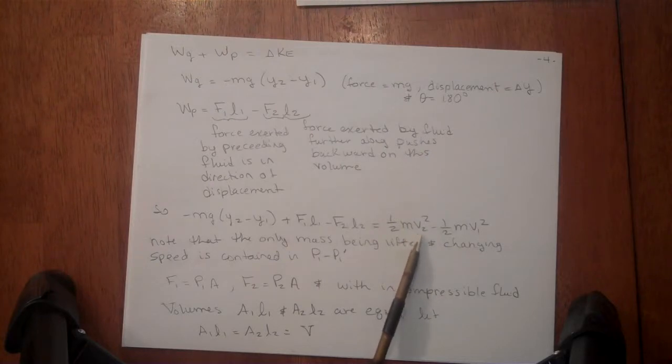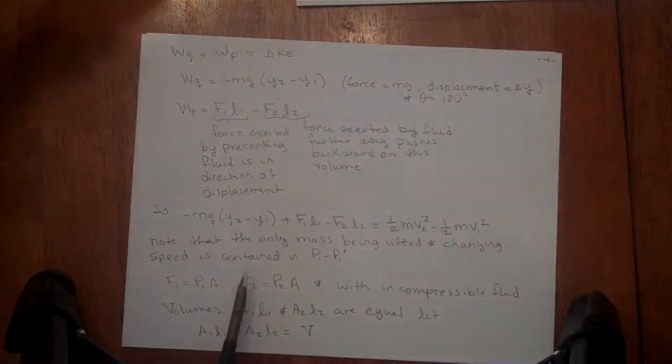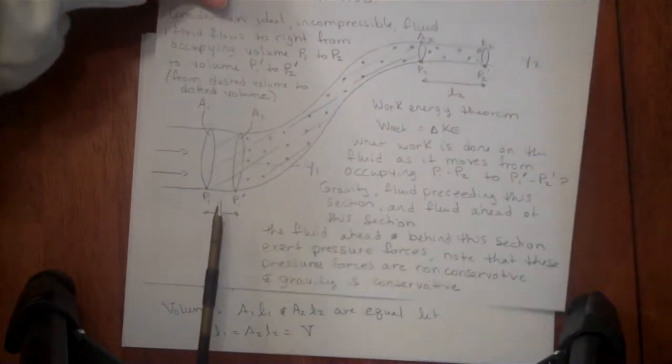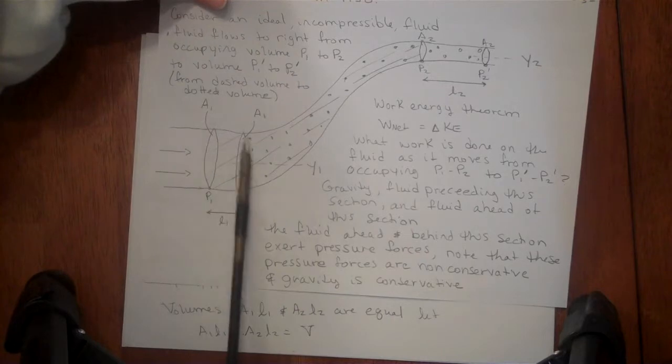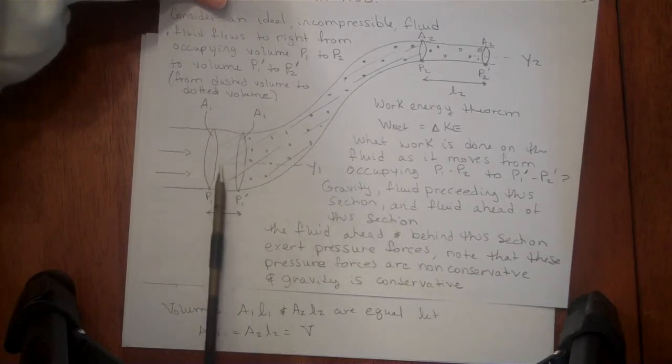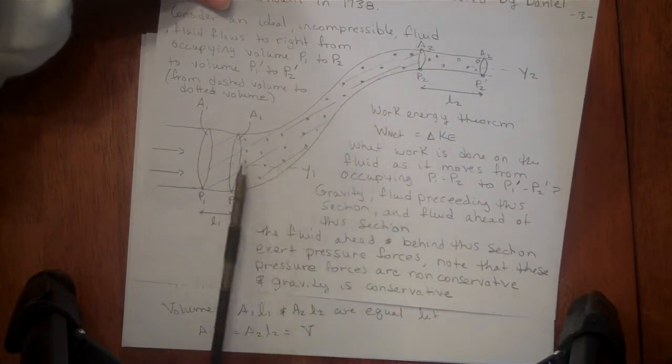So that's 1/2 mv2 squared minus 1/2 mv1 squared. Again, note that the only mass being lifted and changing speed is that contained in this volume P1 to P1 prime right here. So again, this is the only one that's changing speed and changing height as it is being moved over to this section of the pipe.